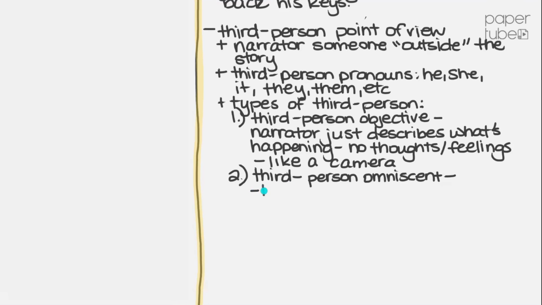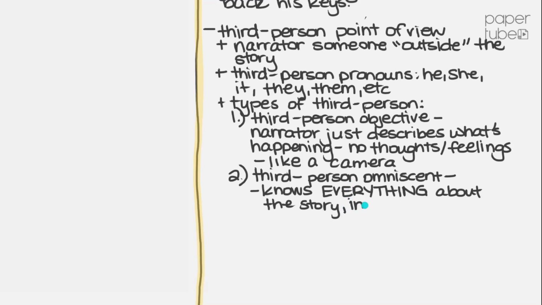They know what's happening, they know what people are thinking and feeling, and it's not limited to just one character. They know what everyone is thinking and feeling. That word omniscient means know all. So this narrator knows all.